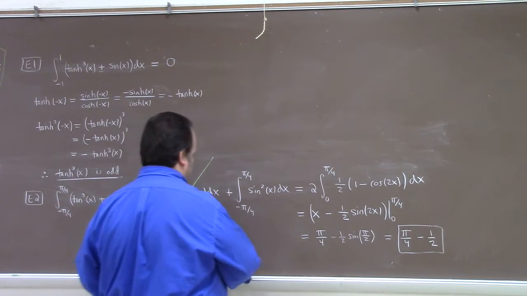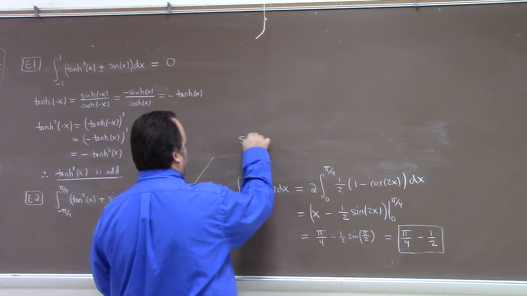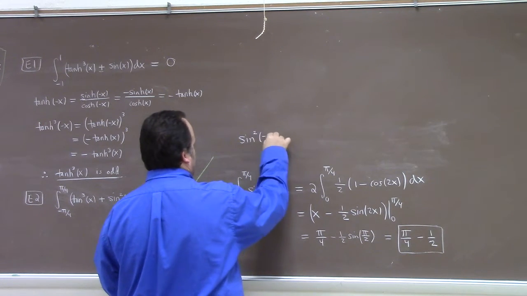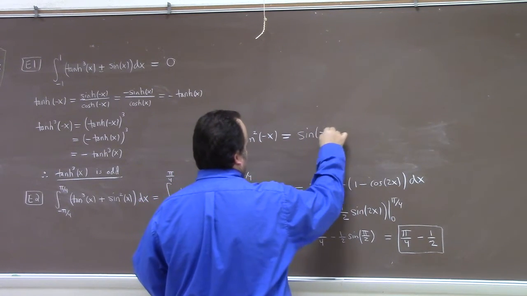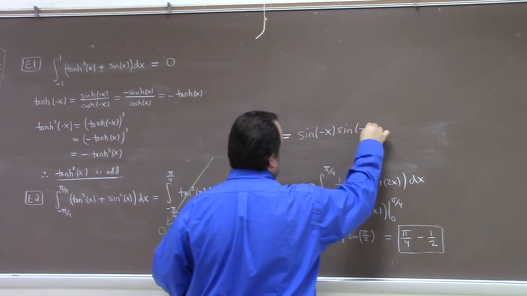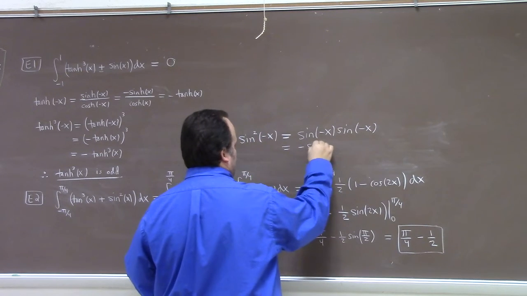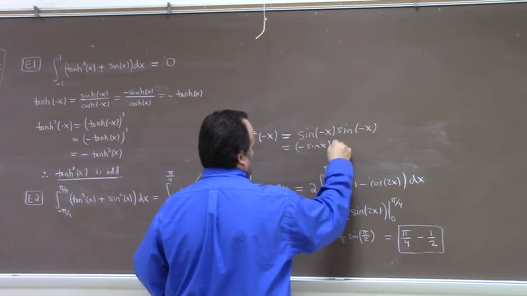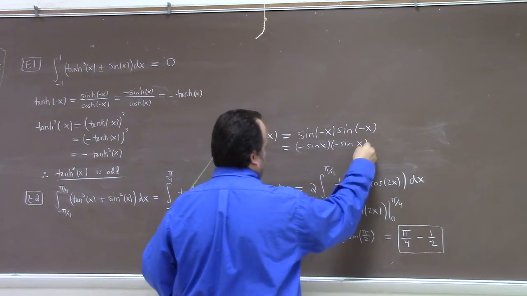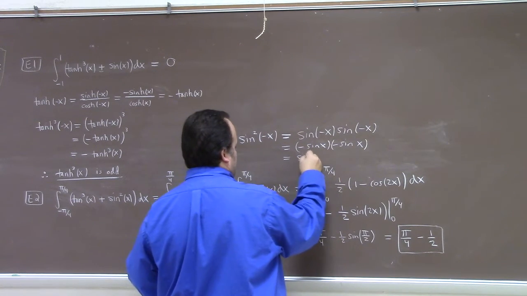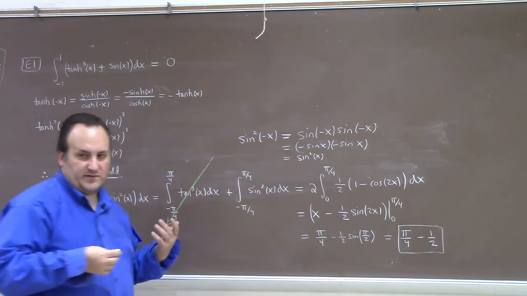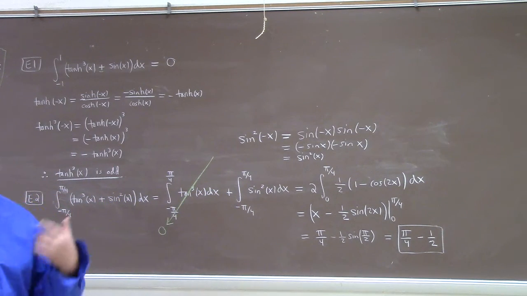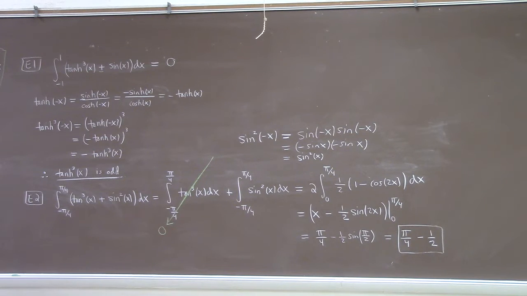Oh, because if I do sine squared of minus x, I get sine of minus x times the sine of minus x, which is minus sine x times minus sine x, which is just sine squared x. In other words, sine squared is an even function, so it doesn't integrate to 0. So this problem uses both of the things I told you.